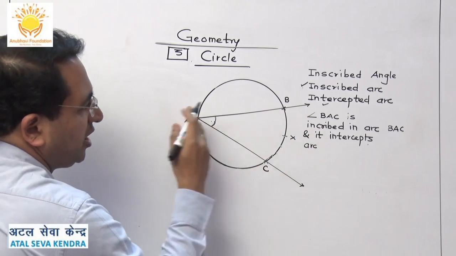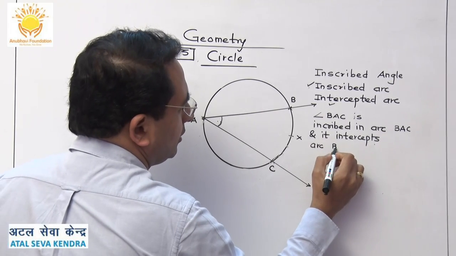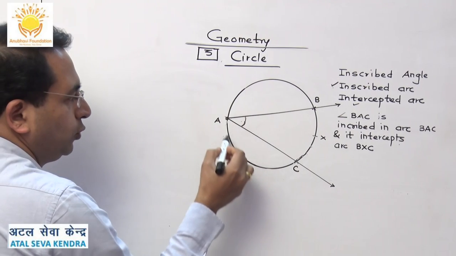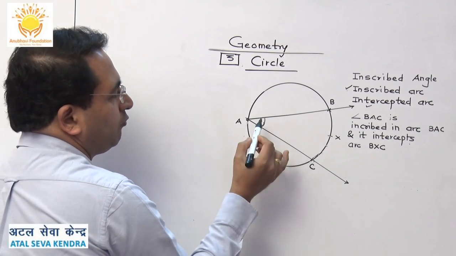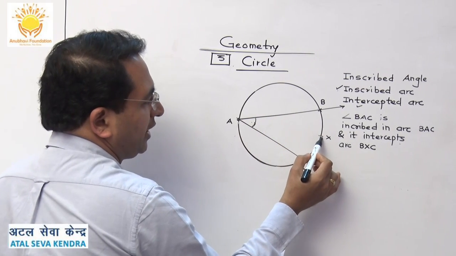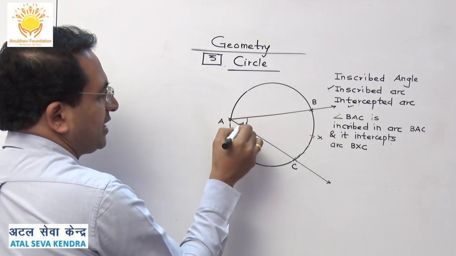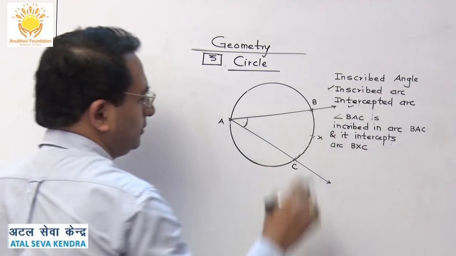Intercepts means you have to see in front of you, that is BXC. So whatever arc is behind you is called the inscribed arc. Whatever is in front of you is called the intercepted arc. And the place where you are standing, that angle is known as the inscribed angle.